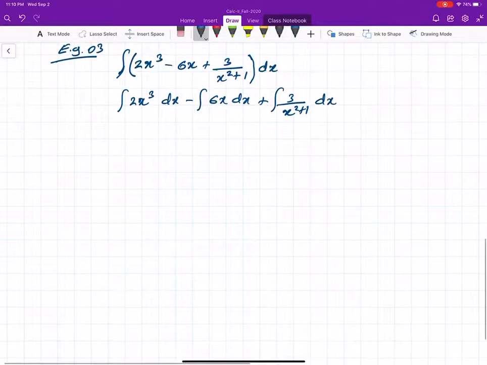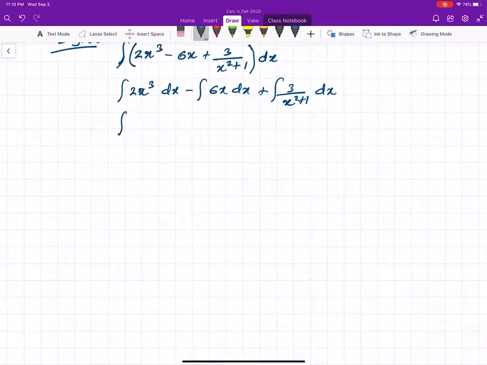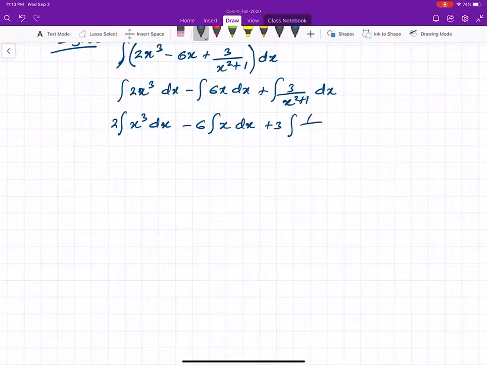All right, now check whether you have constants. You have number 2 as a constant, so you take 2 out, and you write x to the power 3 dx. Minus 6 is a constant, so you take 6 out and write x dx. Then you take 3 out and write 1 over x square plus 1 dx.